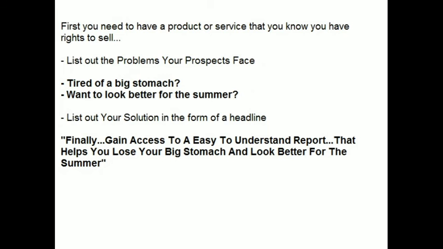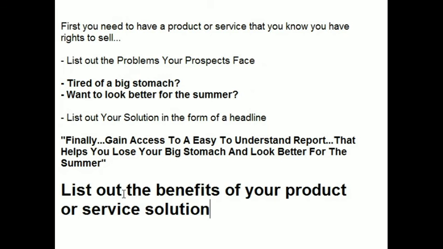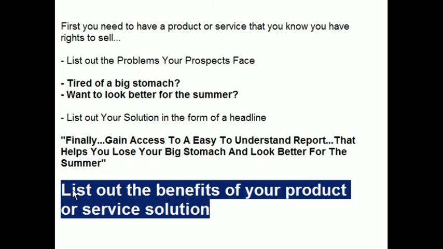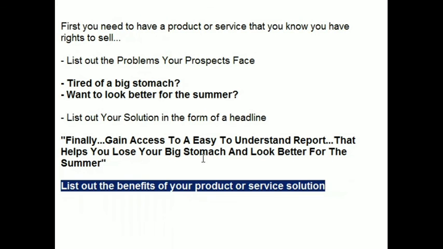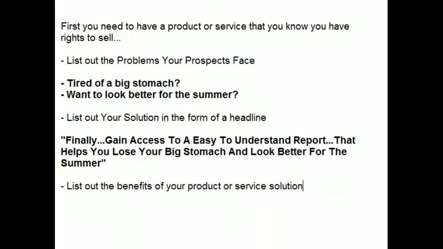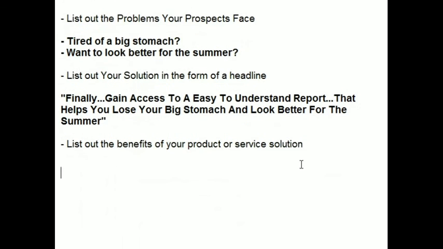The next thing you want to do is you want to list out the benefits of your product. So let's say I have a product. You could say something like, with blank, and the blank is the product name or the service that you're providing. With blank, you can, and start listing out benefits.